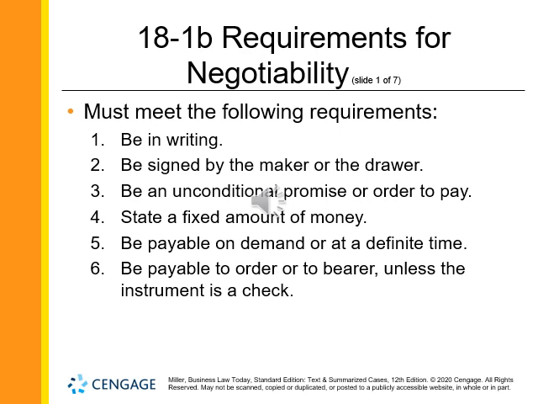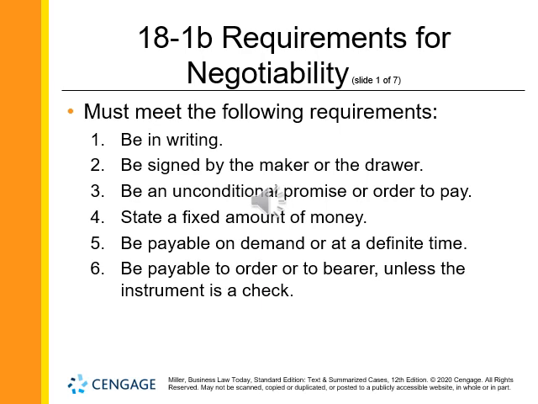There are also many other kinds of obligations, which are oral obligations and may be legally enforceable, but clearly an oral obligation is not negotiable because, first and foremost, a negotiable instrument has to be in writing. It has to be signed by the maker or the drawer, and that's not possible if you don't have a writing. Third condition is that it has to be an unconditional promise or order to pay.